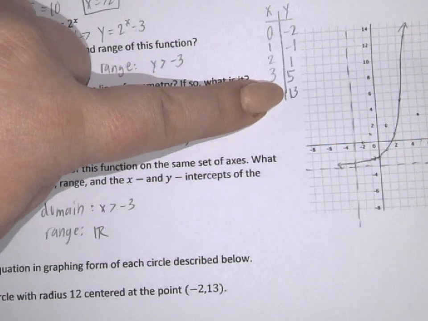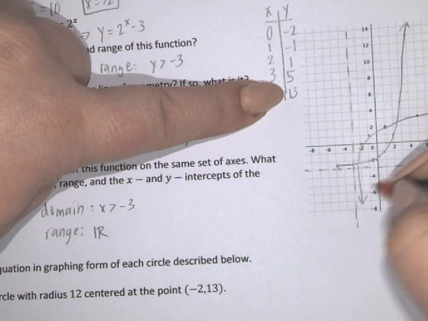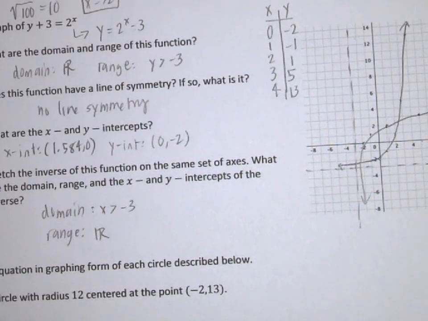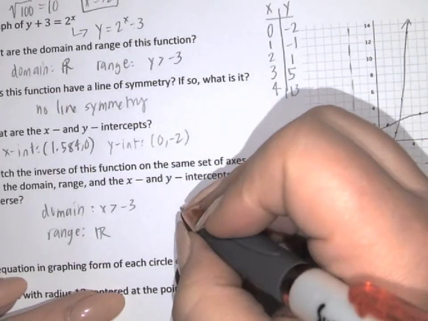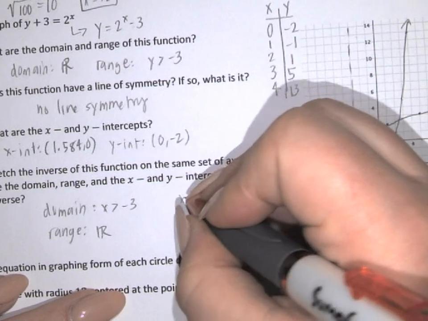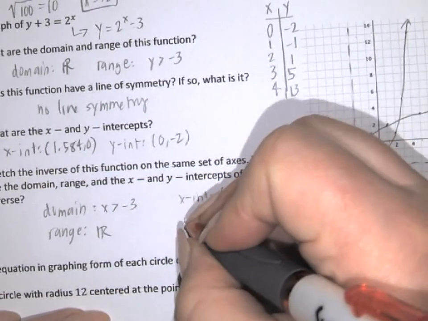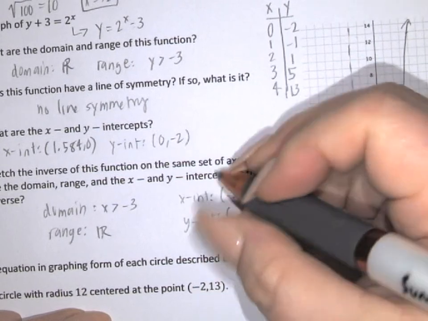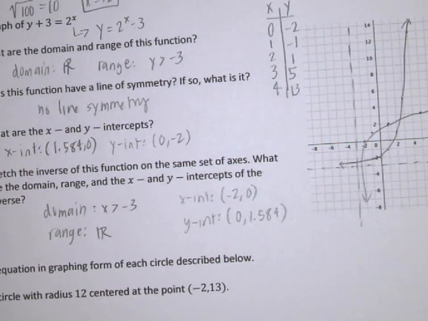And then you get a graph like this. Then the x- and y-intercepts are switched. So your x-intercept is now what was your y-intercept. Your x-intercept is -2, 0, and your y-intercept is 0, 1.58. Right? They switch from here.